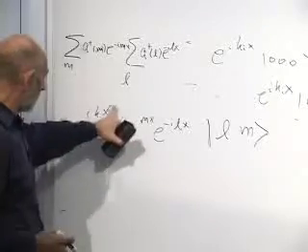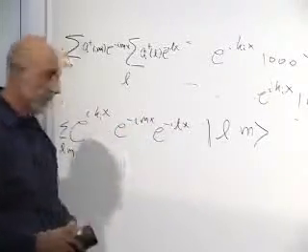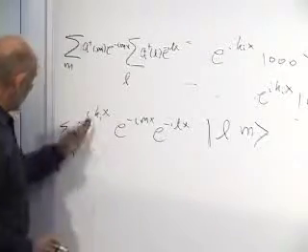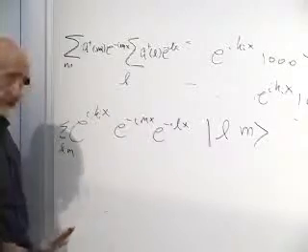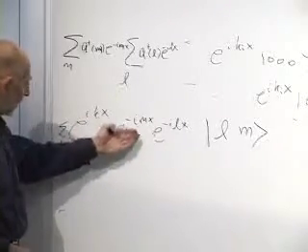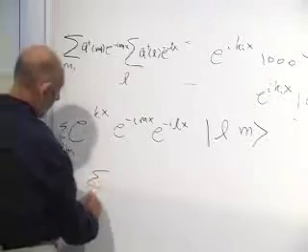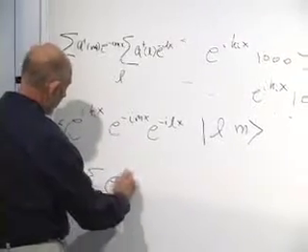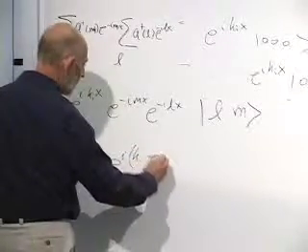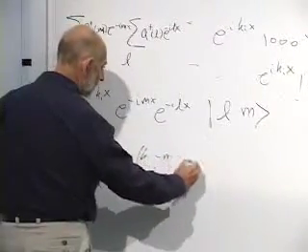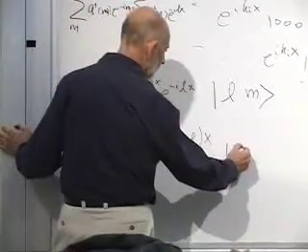The sum has not gone away, but it's a sum over L and M with a functional dependence e to the I k initial minus m minus l x times the state lm.